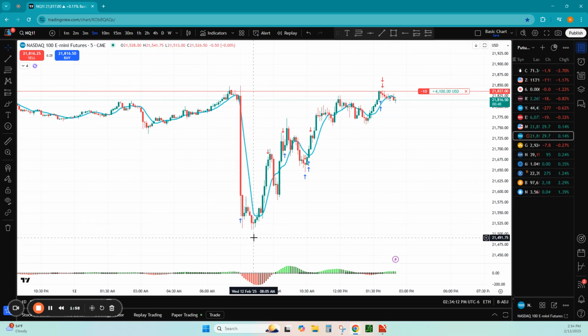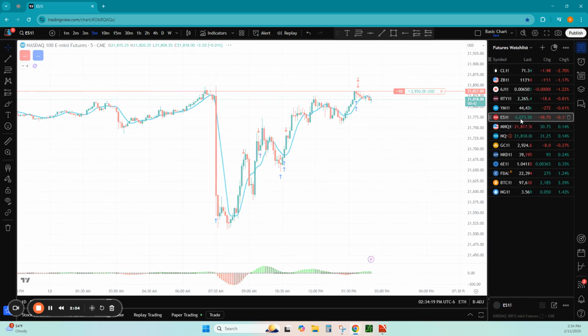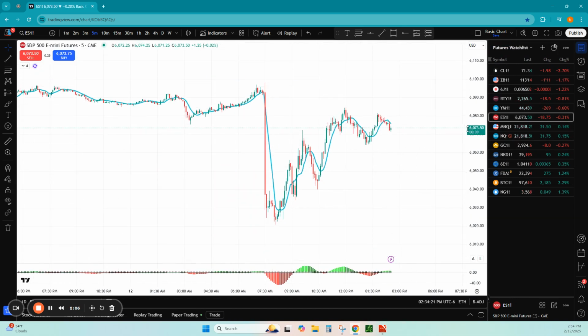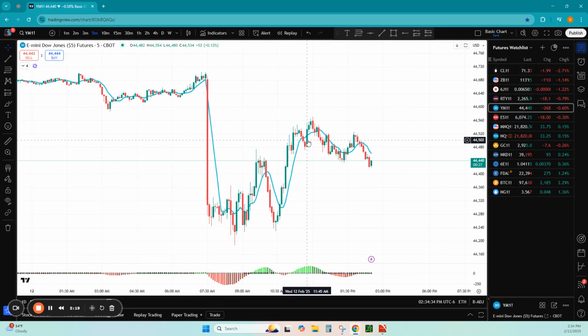So huge drop at the open, and the NASDAQ retraced that move. This is ES. ES did not quite retrace the move, but we did move significantly higher from these lows. What else? The Dow did not completely retrace the move, and we're fading here. But we did make a low here, a nice base, and push higher.